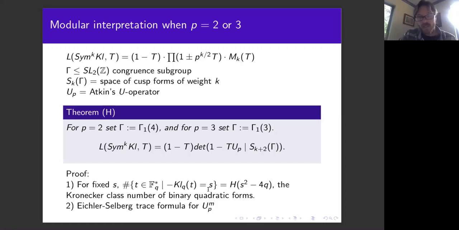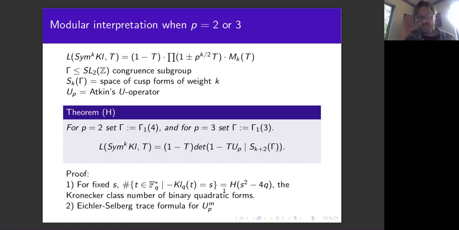It turns out that the number of Kloosterman sums equal to this number is equal to the Kronecker class number on binary quadratic forms. You get this equality here. And that only happens for p equal to 2 and 3.